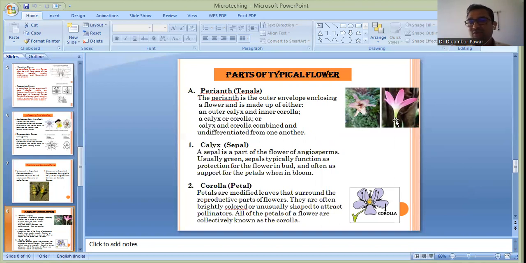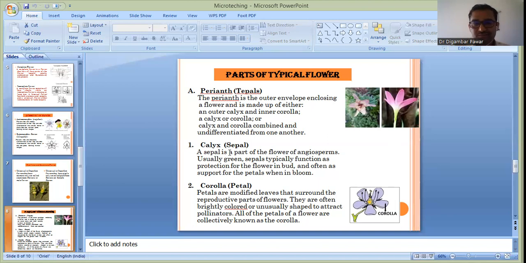In this image, the calyx and corolla are not differentiated. Such a flower is known as perianth. The undifferentiated mass of calyx and corolla is called tepals. This occurs in only a few flowers, but most flowers have four parts: calyx, corolla, androecium, and gynoecium.